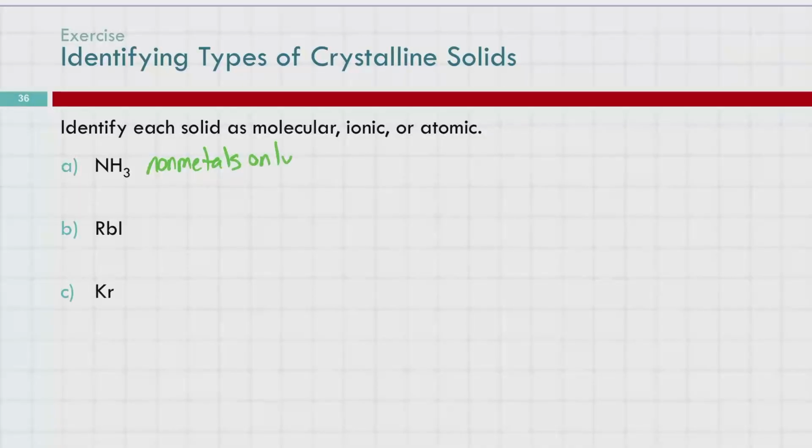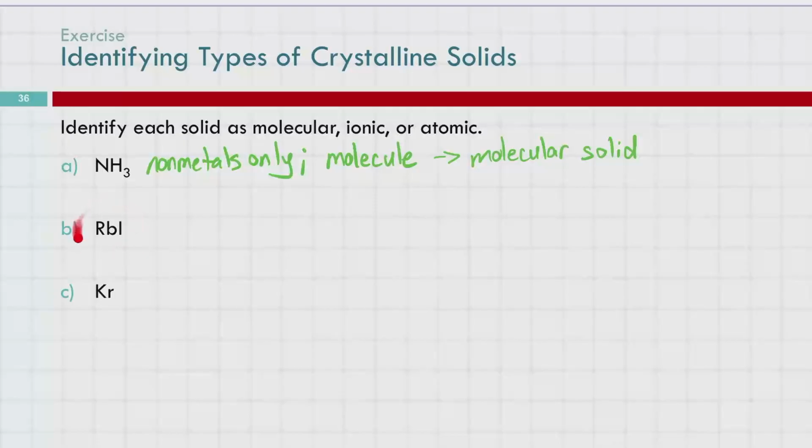Nonmetals only, and that means that it is a molecule. Molecules form molecular solids. So NH3 is going to form a molecular solid, meaning that it's probably going to have pretty low intermolecular forces strength. It's going to have a relatively low melting point and boiling point.